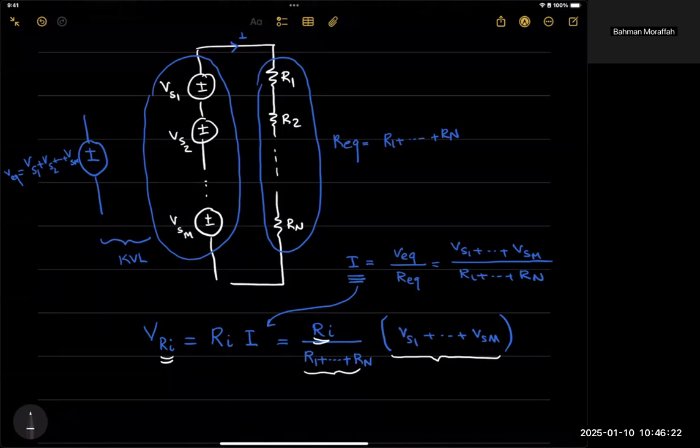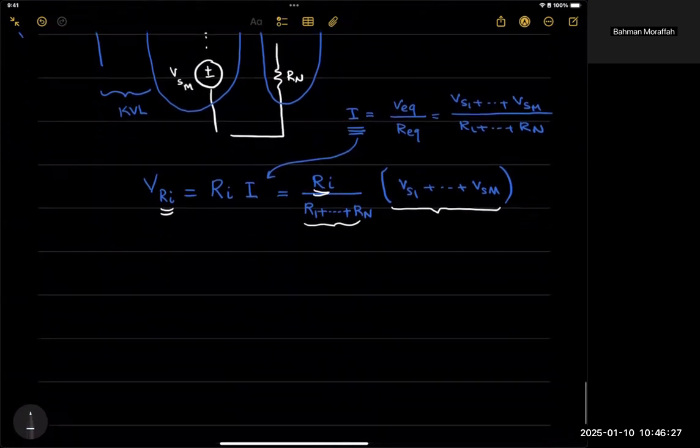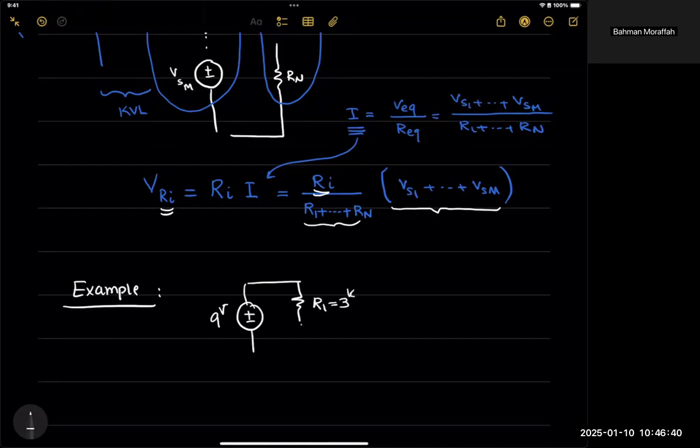Okay? So let's do a quick example with numbers so we know how it works. Let's say I have a circuit that looks like this. This is R1, which is 3K. I have R2, which is 6K.